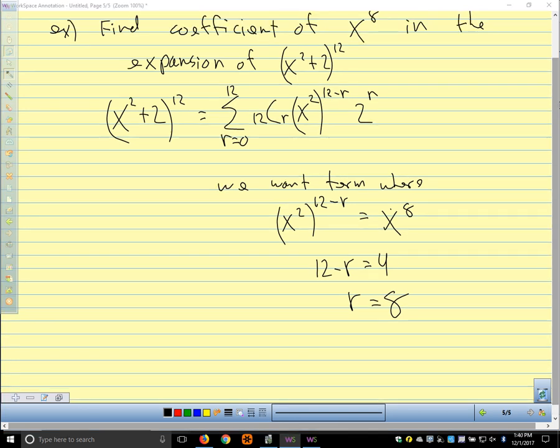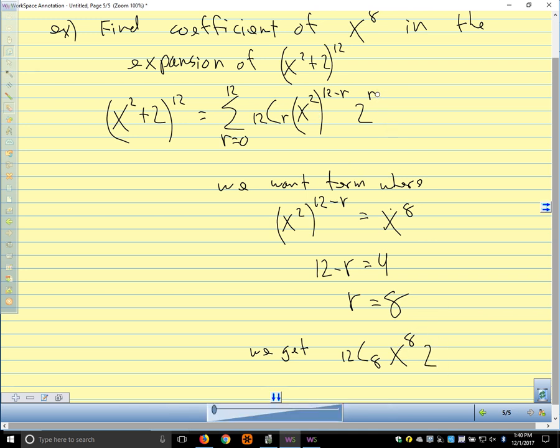So now all we have to do is plug in r equals 8 here to find our coefficient. So we get 12 choose 8, x to the 8th, we know this is, and then we get 2 to the 8th.